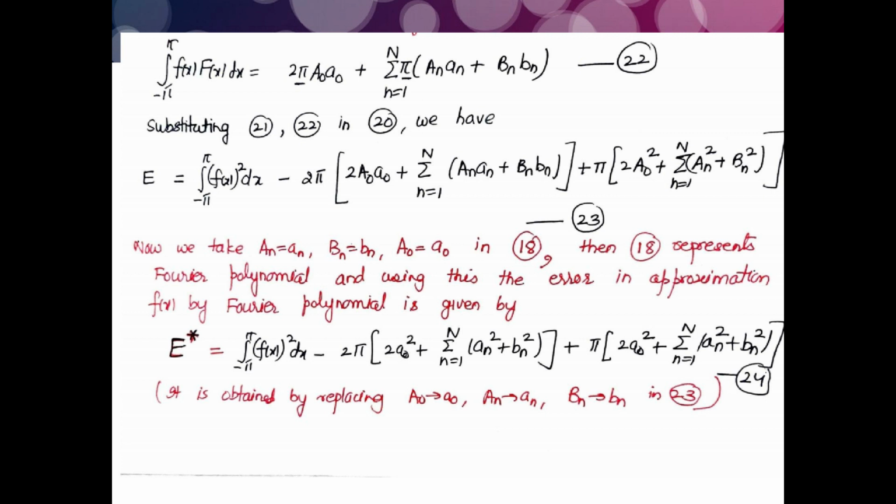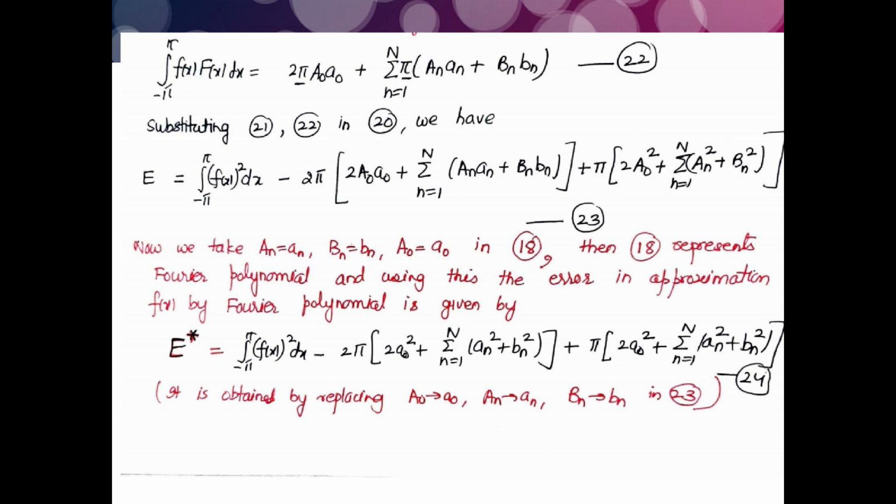Now we calculate the error if we approximate our given function f of x by a Fourier polynomial. For this, we don't have to do the calculation again. We can calculate this from expression 23. In that case, we just replace capital A naught by small a naught, capital An by small an, and capital Bn by small bn.